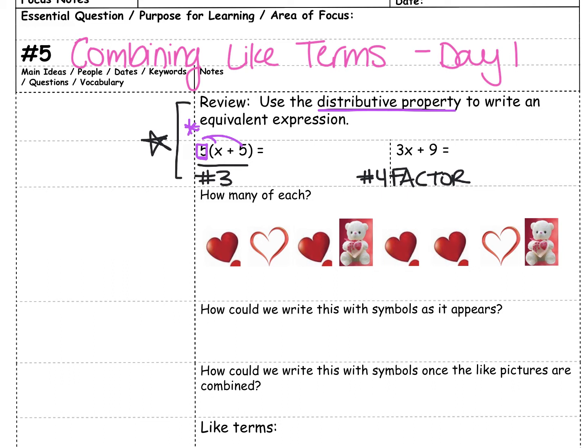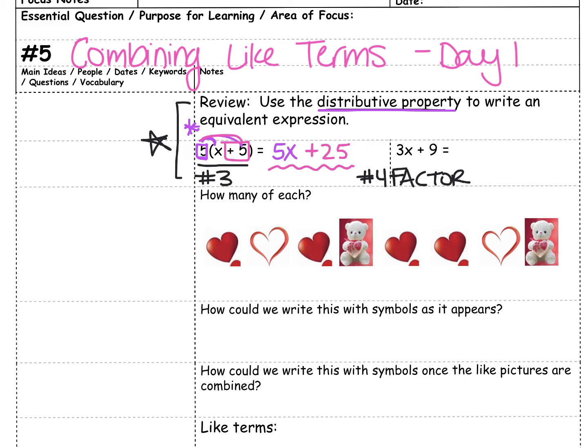So we're going to take 5 times my first term, which is x. 5 times x is just 5x. When you have one number and one variable multiplied, we just smush them together. And then my second one, pew, is 5 times positive 5. So 5 times 5 is plus 25. And here is my new expression.